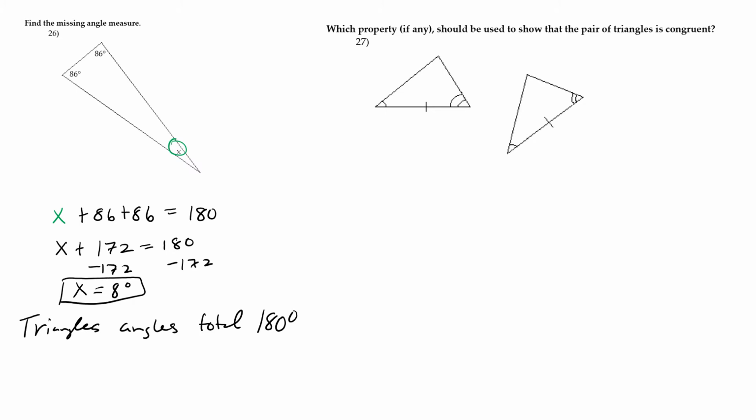All right, which property, if any, should be used to show the pair of triangles are congruent? So remember, we've got several properties. We have our angle side angle, right, where we have 2 congruent angles with a congruent side between them.